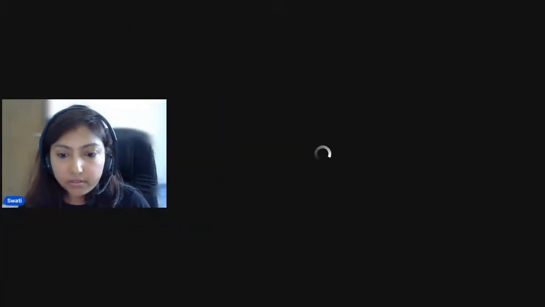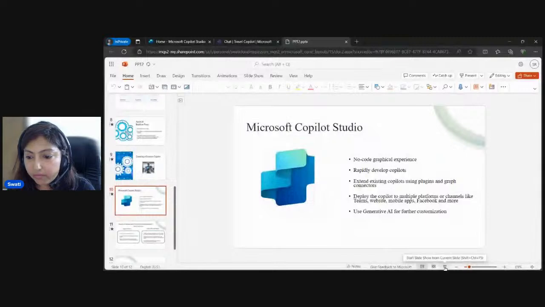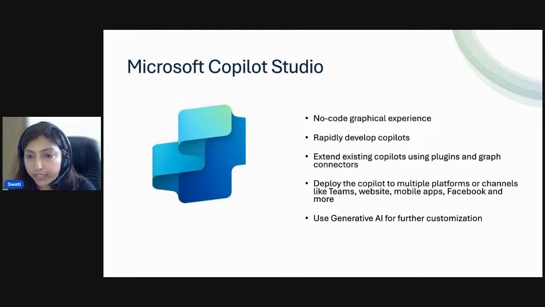Okay, so before we go to Copilot Studio, what is Microsoft Copilot Studio? It is a low code, no code experience to create custom Copilots. You can create new Copilots using Microsoft Copilot Studio, and you can very quickly and rapidly develop your Copilot.